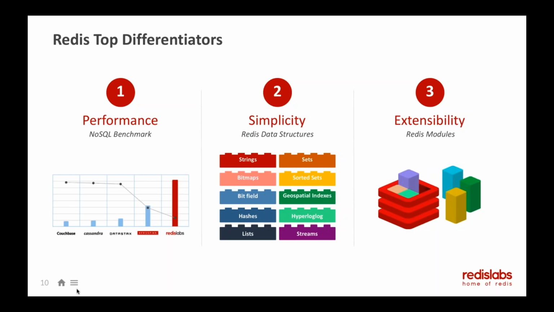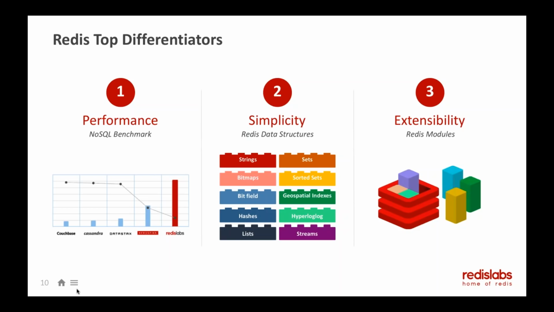And the third biggest advantage of Redis is the ability to extend it. What I mean there is our product has the ability to add modules on top of the basic Redis offering. So if you want to make it a primary database, you will just go ahead and enable some of the modules that are available out there and try to use them for your use case.